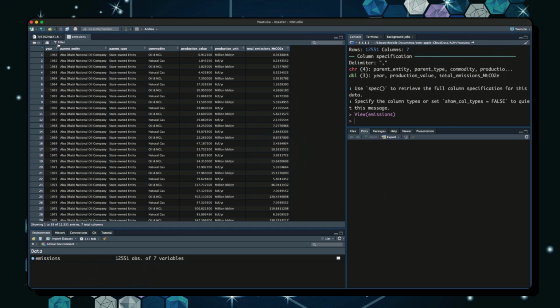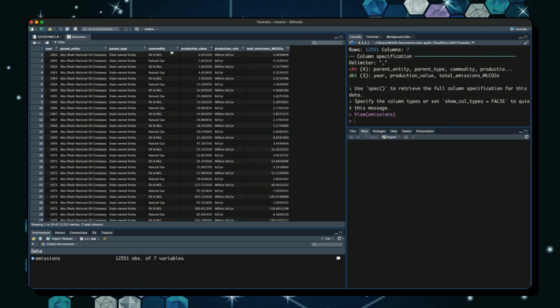In this dataset, each data point has a year, and the entity who produced the emission is identified in the column parent entity with an associated type, which can be investor-owned company, state-owned entity, or nation-state. The commodity column gives us the information about the source of emission.